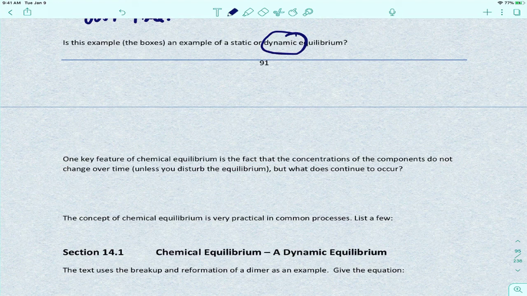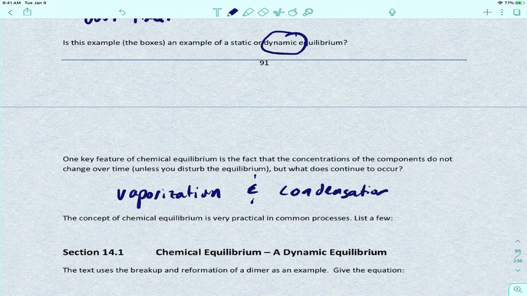Well, even though the concentrations of what's in the vapor and what's in the liquid don't change, you still have vaporization occurring. So you still have molecules going from liquid to gas, and you still have condensation going. So those processes are still going on. It's just that the concentrations are not increasing.